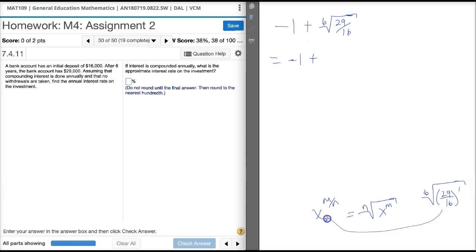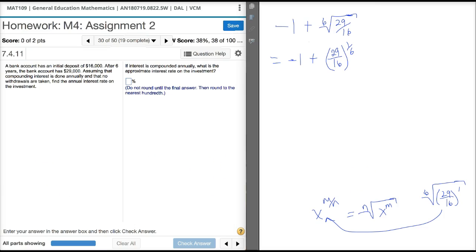If we took this and put it in this form, this would be like saying 29 divided by 16 and all that raised to the 1/6 power. Okay, so that is one way that you can do this. And for those of you who do not have graphing calculators, this will be the way that you need to do it. Okay, so that's why I'm doing it this way first.